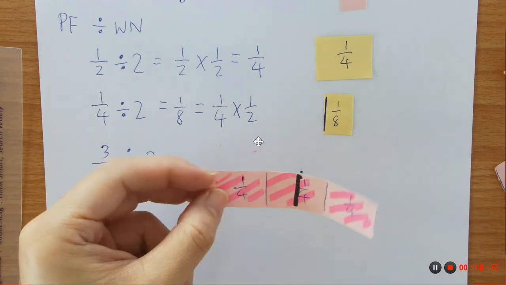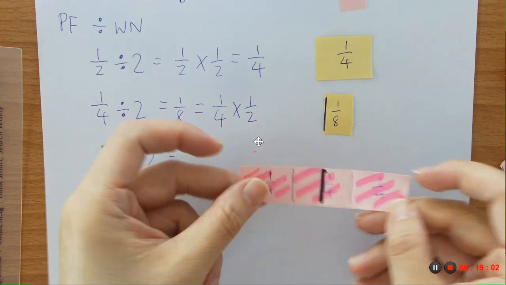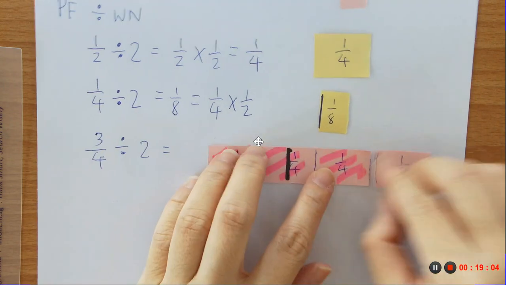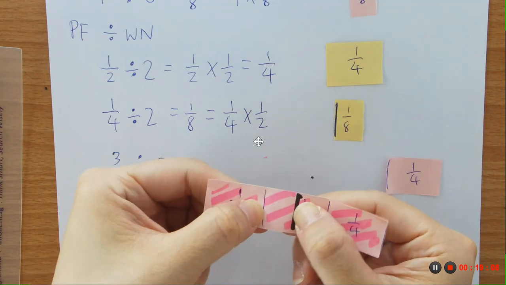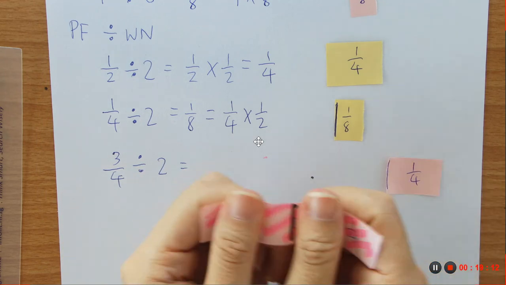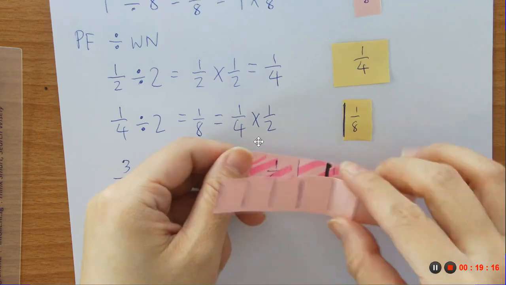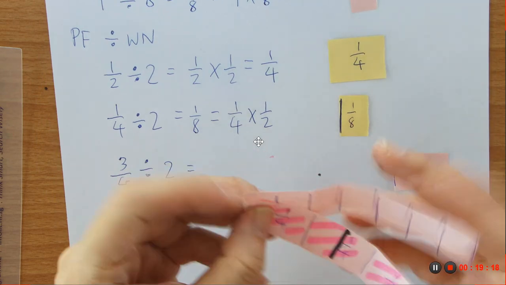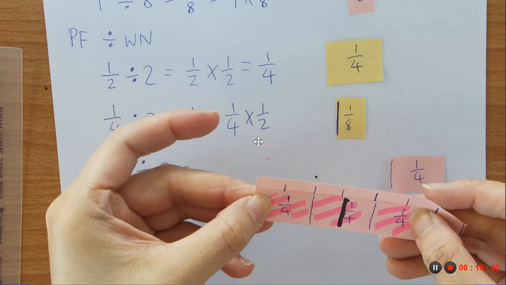Now I put back the 1/4 here. What does this one tiny part look like? 1/8. Can you see it's 1/8? Like this, just now? So you see I put back here. What do I do?